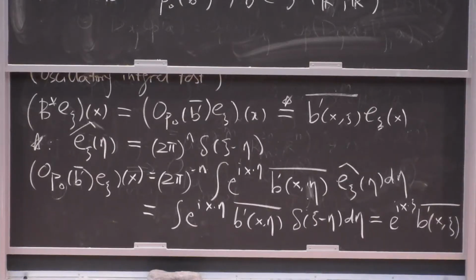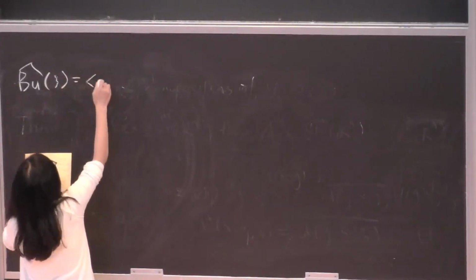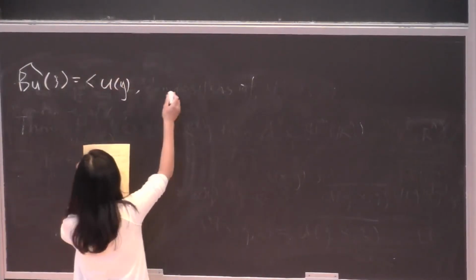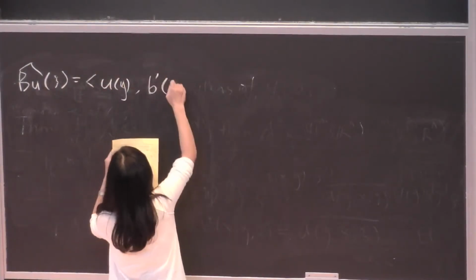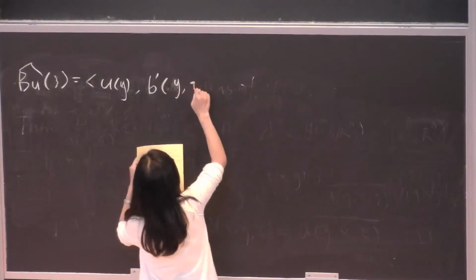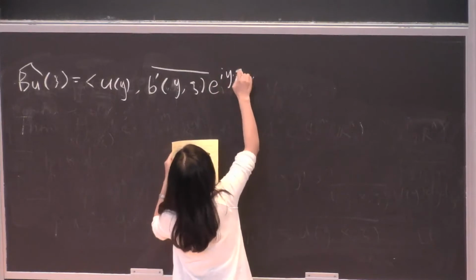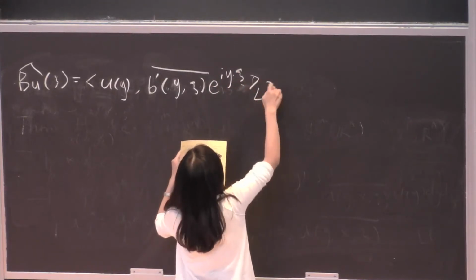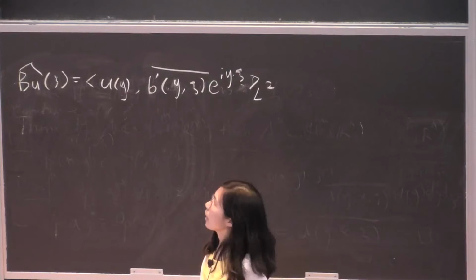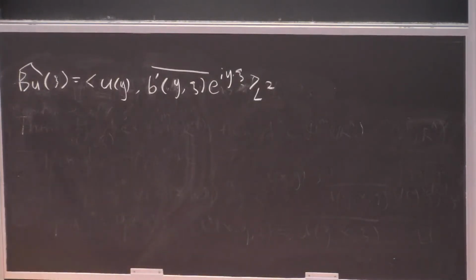So what we have here is the following. b*u hat(psi) is equal to the L2 inner product of u(y) with b prime(y, psi) bar e^(i y·psi). So what I'm using is just that this bu hat has this form, where it places b* e_psi into this form here.